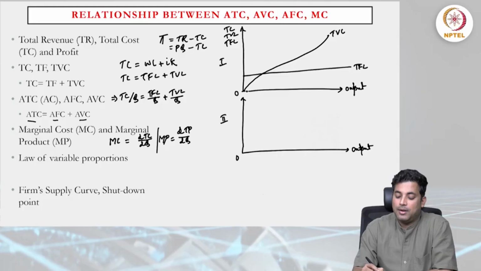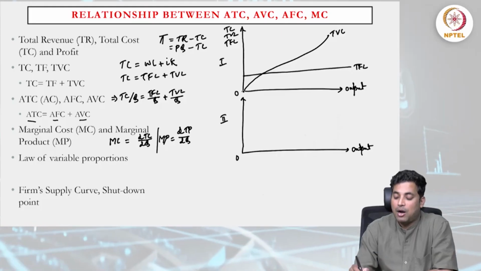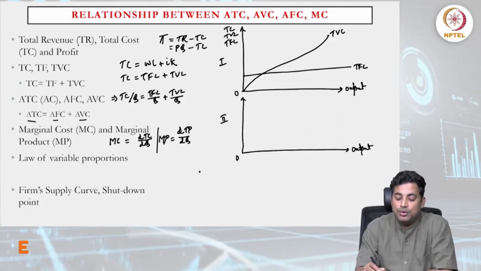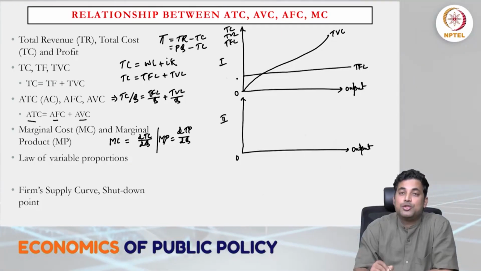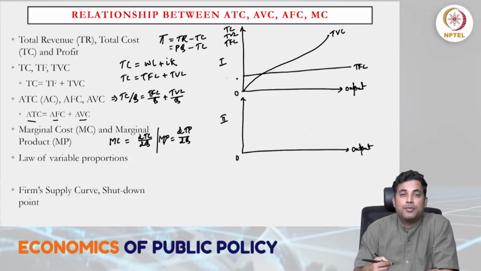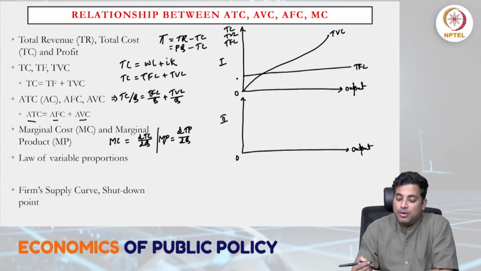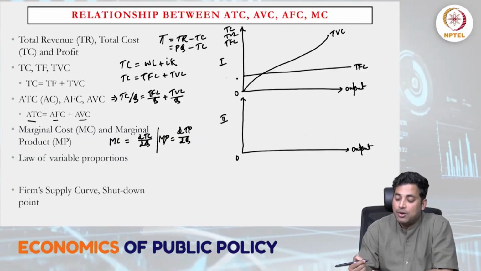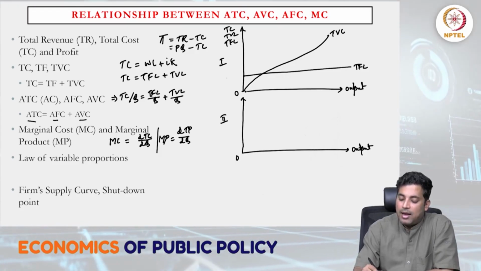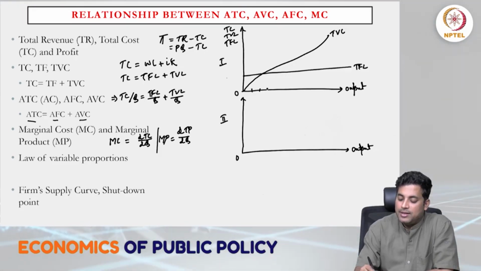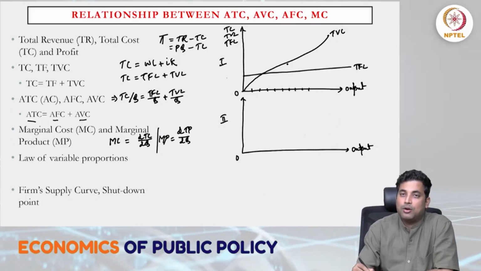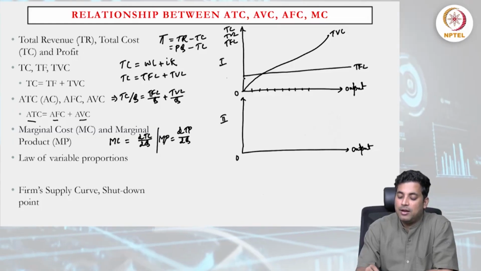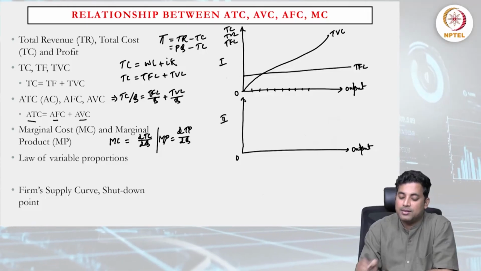Of course even at 0 output, a firm needs to spend some amount which can be regarded as total fixed cost. As output increases here, the variable cost starts increasing and fixed cost is fixed at one certain level.